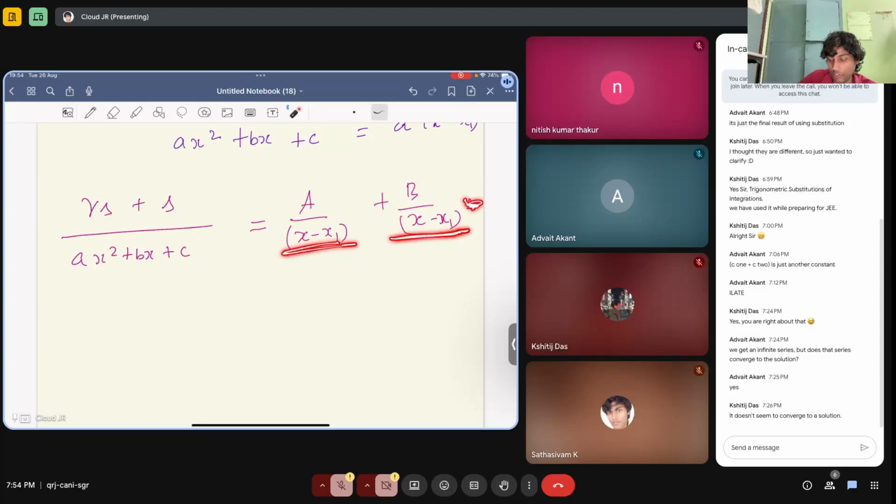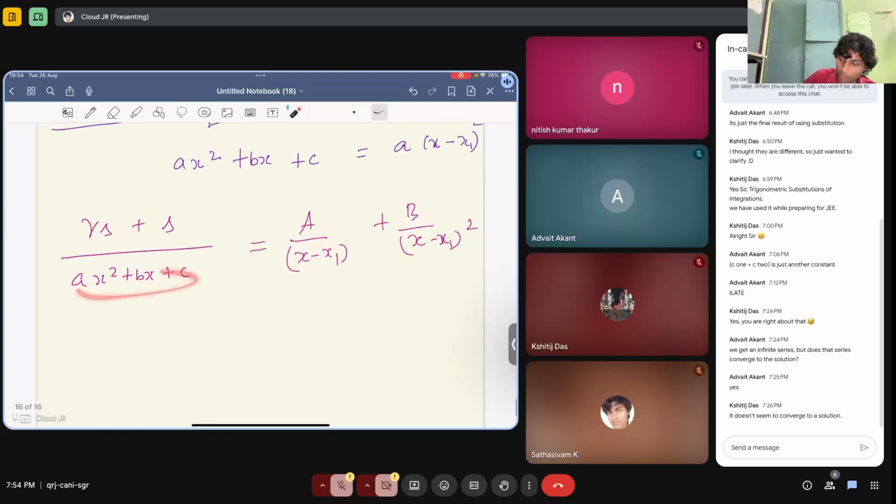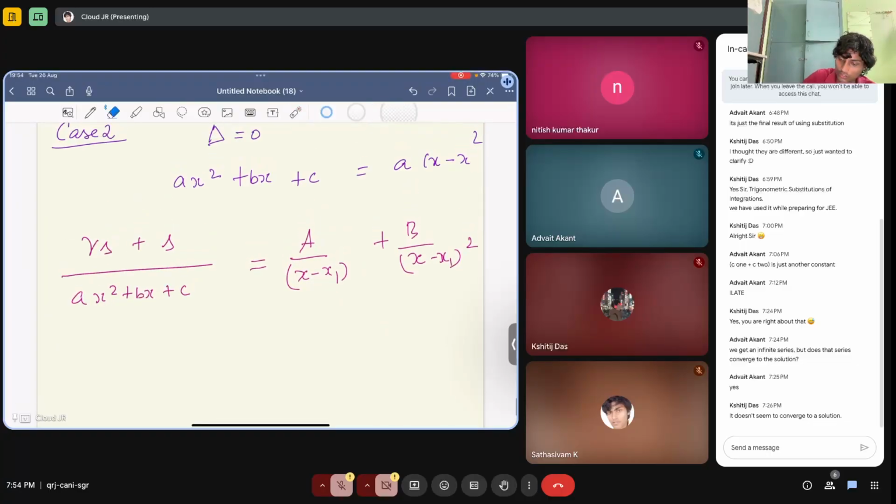So you think about it. If you don't put a square here, then you will get just a plus b by x minus x1, and that's not going to end up with whatever you want. So you want the square here because your polynomial has a square, so you want a square term here.